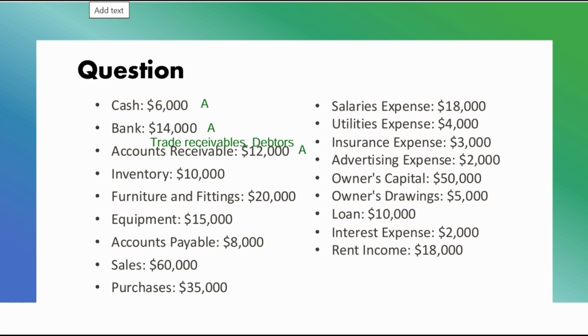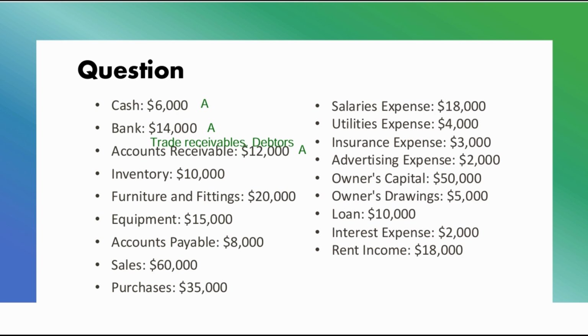Inventory. Inventory refers to the stocks held in the business for resale. So this is a resource that's under the business's control and it will lead to a future economic inflow because one day you will sell those stocks and you will gain money. The business will gain money.